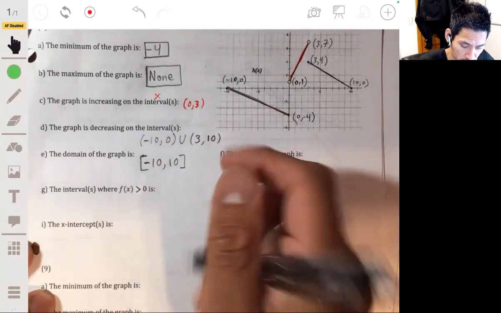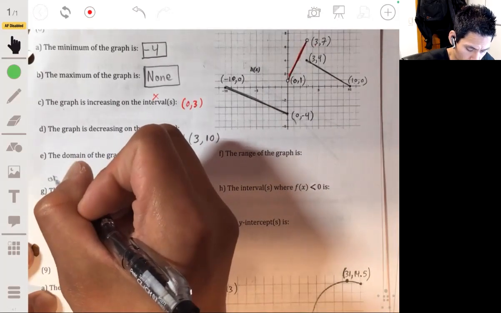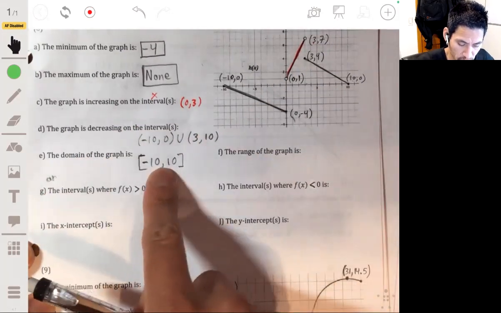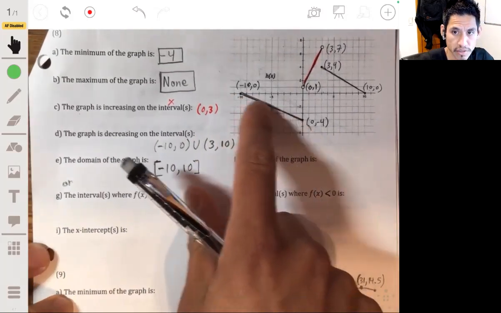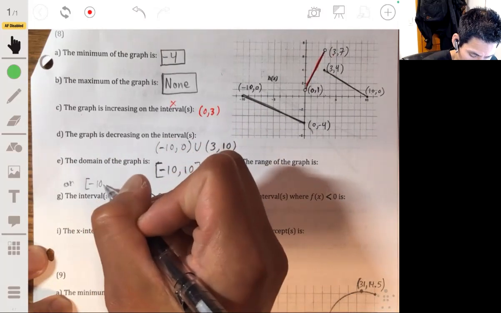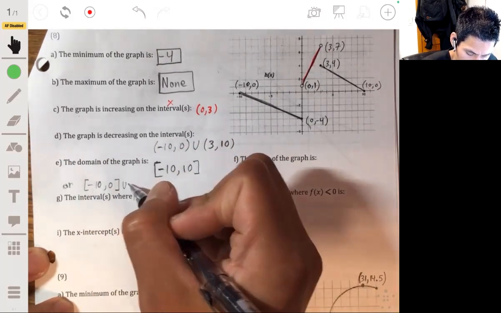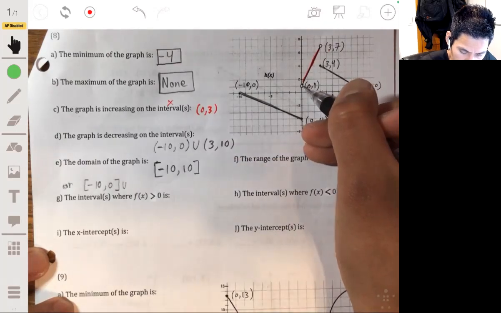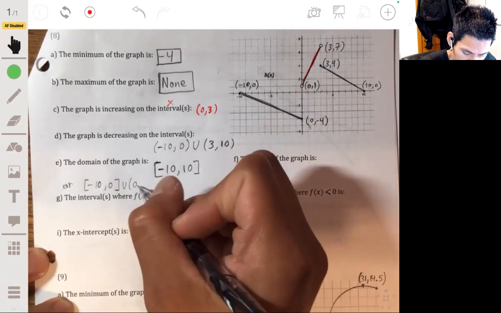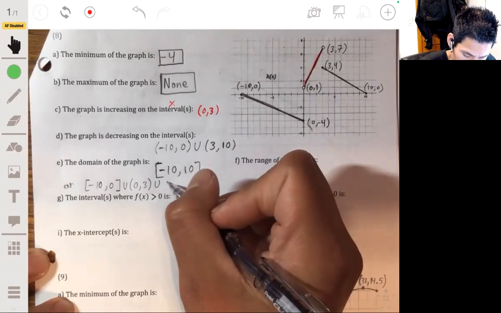Now, what you also could do, in case you're wondering, you can break the domain up into 3 parts. So I can first do this part: -10, comma 0 in brackets, union, then 0 to 3 in parentheses, union, and then from 3 to 10 in brackets.